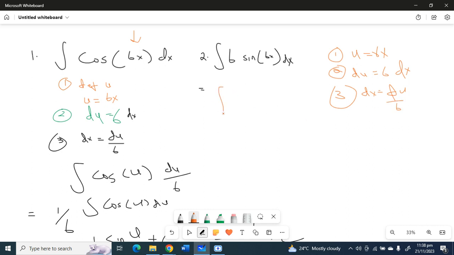So we're going to rearrange. So we're going to say integral of 6 sine u, replace the dx with du over 6.